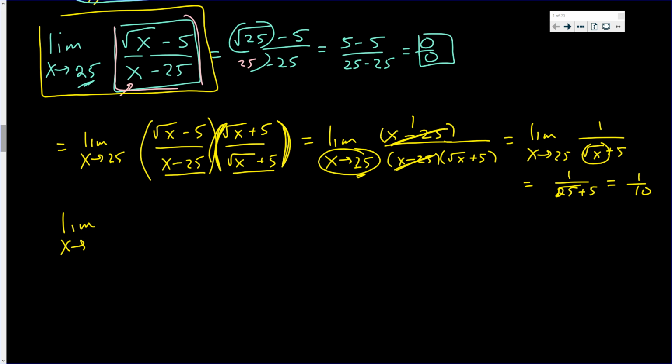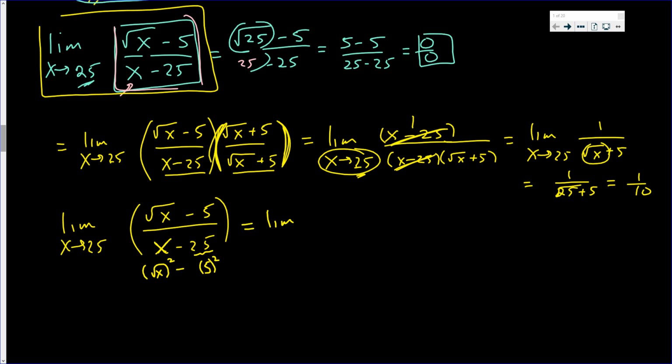The limit as x goes to 25 of the square root of x minus 5 over x minus 25. Now, I claim that the denominator is the difference of squares. The 25, that's pretty clear to be 5 squared. And x is the square root of x squared. So we have the limit. By the way, we know we're getting 0 over 0 because we learned that from the same problem up here.